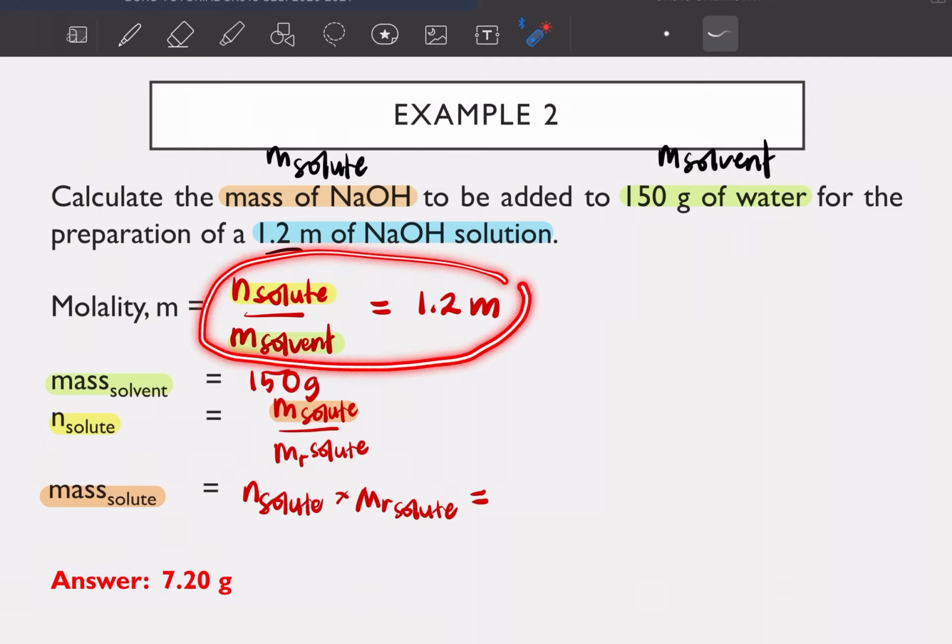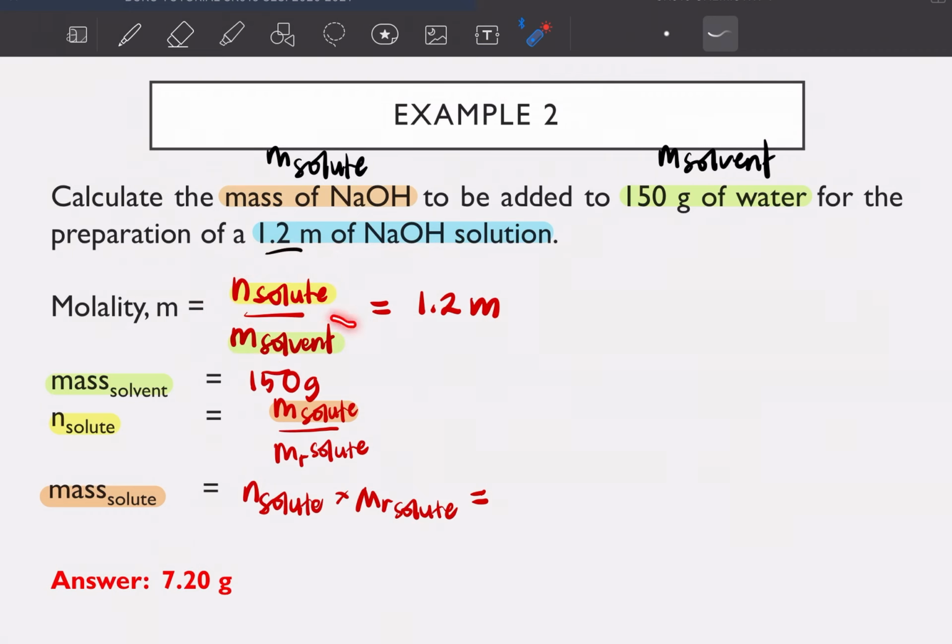Okay, kalau awak masukkan semua values, ini dah ada, you can find mole of solute. Okay, but remember that awak punya mass of solvent ni, it has to be in kilogram. Okay, so maksudnya ini kena tukarlah jadi 0.15 kg. Baru awak cari awak punya mole of solute ni.